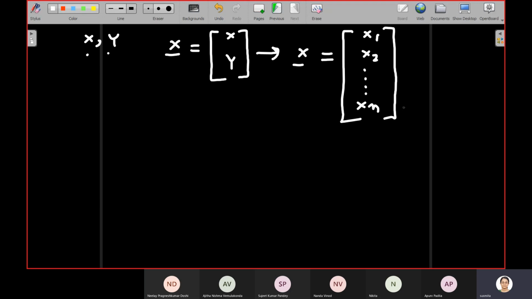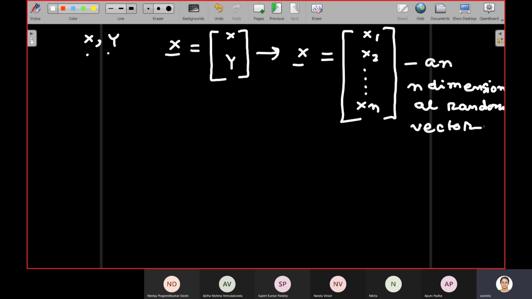So basically n elements are there, and this is an n-dimensional random vector. So first we discussed a single random variable that we extended to two random variables. Now from 2 we are going to n dimensions, and to deal with n dimensions we require a vector representation.